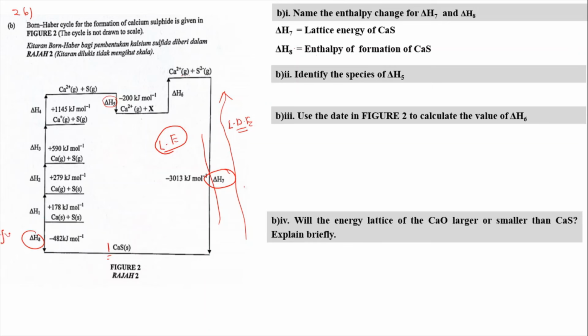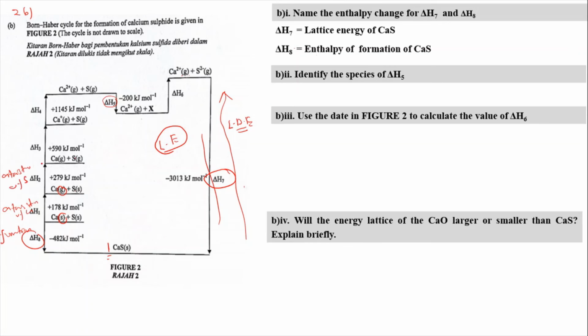So H8 is the formation. H1 here refers to solid menjadi gas, which is atomization for calcium. And then here solid becomes gas again, so it is an atomization of sulfur.